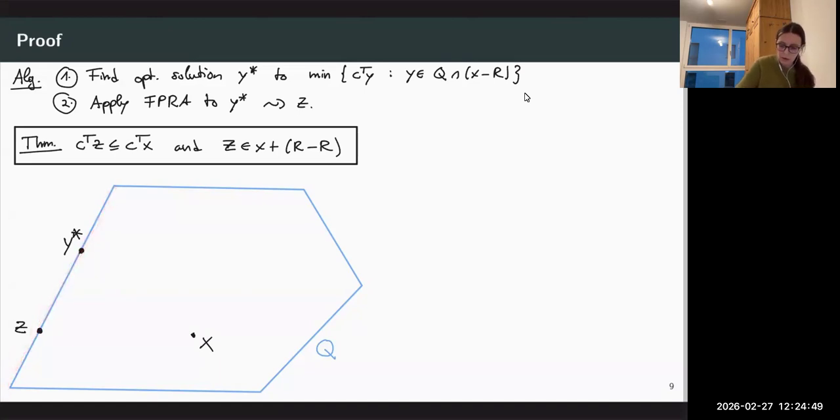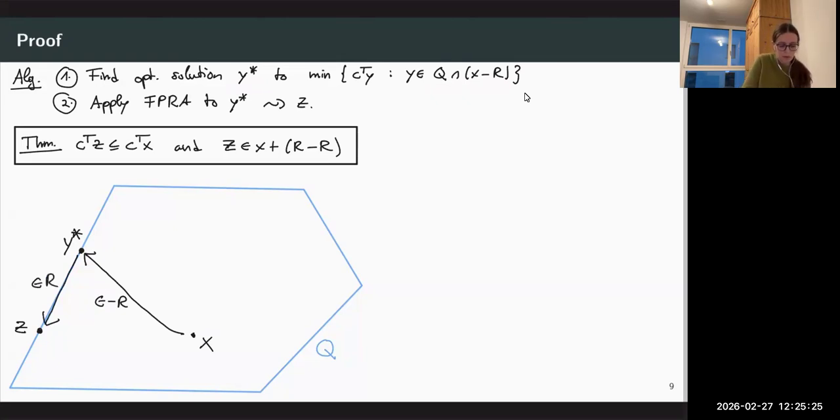So what do I know about these vectors? So first I know that going from X to y star, this will actually be in minus R. This is because y star was contained in Q intersected X minus R. So going from X to y star, the step I will take will be something in minus R, and I will certainly stay within Q. I can also say that going from y star to z, this will be in R. This was basically the condition.